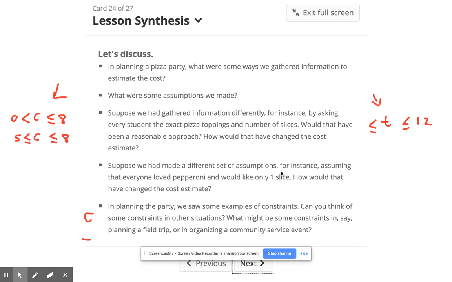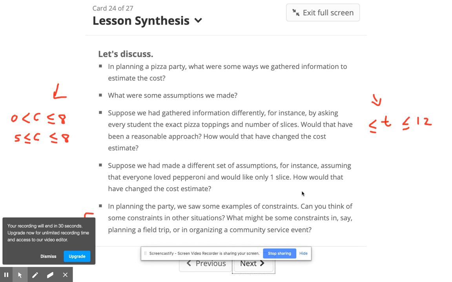Because before we were saying 2 slices, or in one class we said 4 slices. That's a very generous person buying 4 slices per kid. But it would decrease. But we can't always assume that everybody likes pepperoni, and we can't assume that they only want 1 slice.